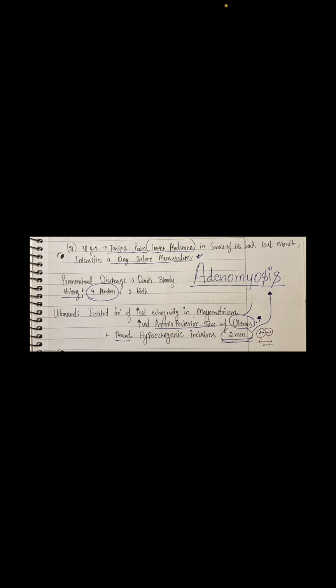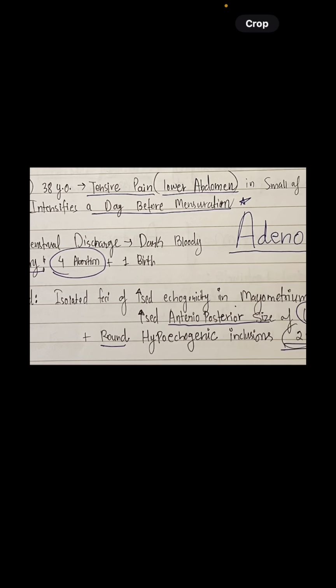Because in adenomyosis, the endometrial cells which were supposed to grow on the inner lining of the uterus will go deeper into the muscle layer of the uterus. So the endometrial cells will invade the myometrium. This is known as adenomyosis. So you can remember easily through adeno dives deep. So let's see the ultrasound finding again now.